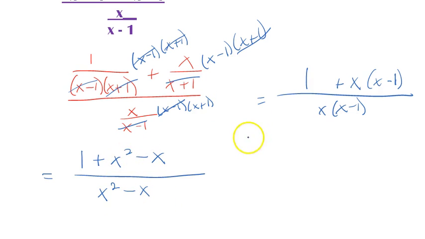You might want to see, though, if you rearrange this top part, you have x squared minus x plus 1. And think about, would that factor? So if you think about trinomial or trial and error factoring, there's nothing that multiplies to give you 1 that adds to give you a negative 1.